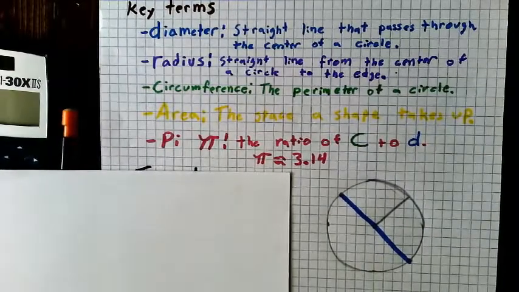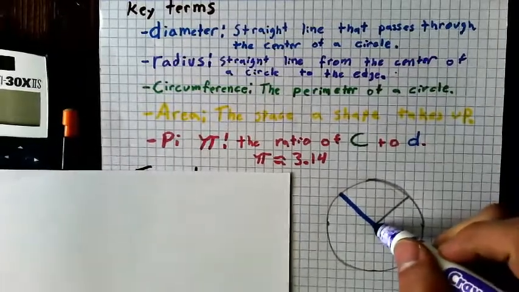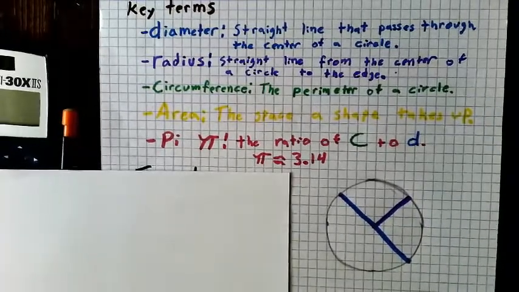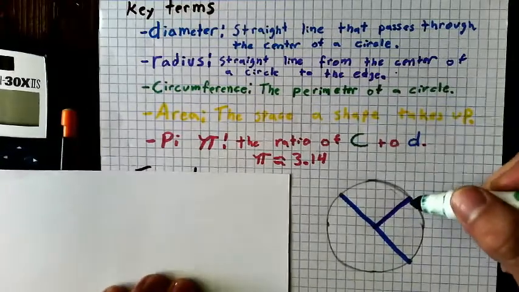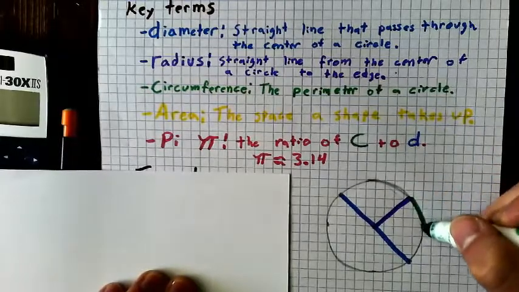The second word is radius. Radius is a straight line from the center of a circle and it goes to the edge. Alright? Circumference of a circle is the perimeter. So the perimeter, if you remember from other geometry lessons, is the outside of a shape.